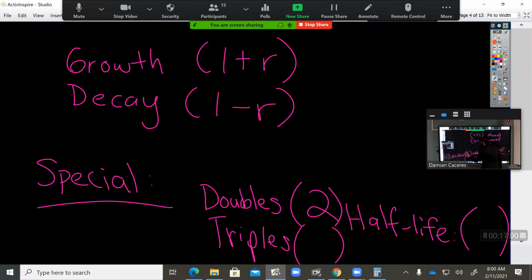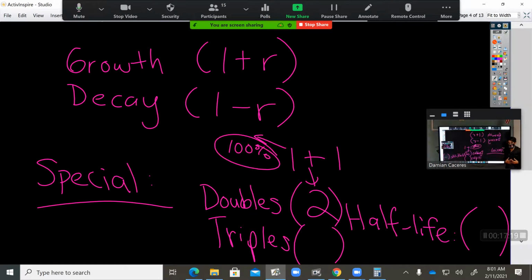Now, let's talk about that. In here, if I do put a R, it would have been 1 plus what to get 2? 1 plus 1 equals 2, right? This represents 100% of your starting point, so your $100. So if this is $100 and this is $100, you have 200, double your money. That's why there's a 2 in there.